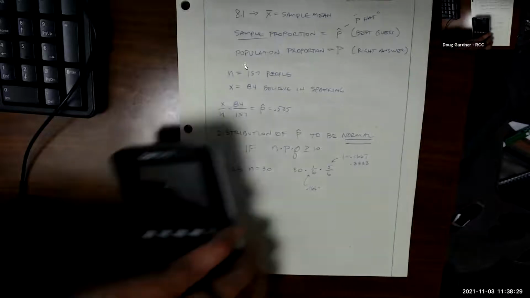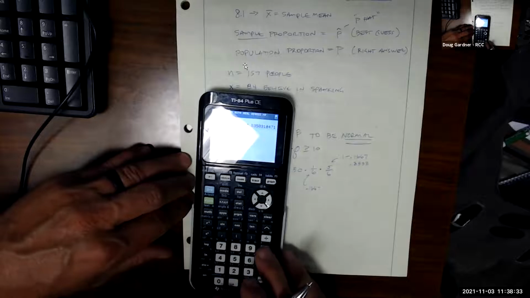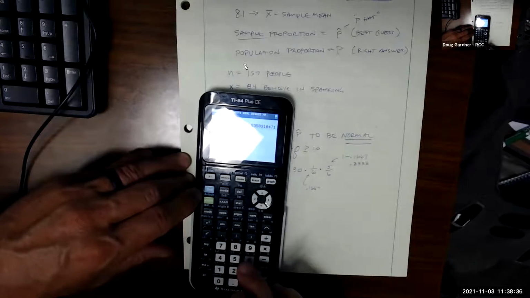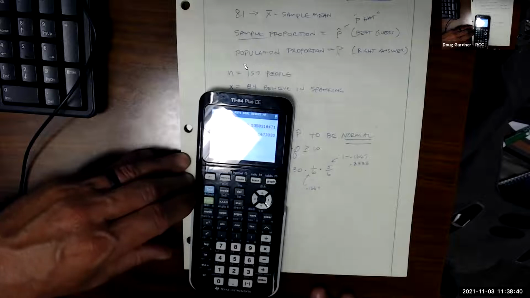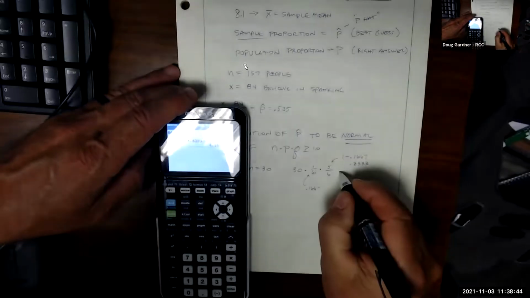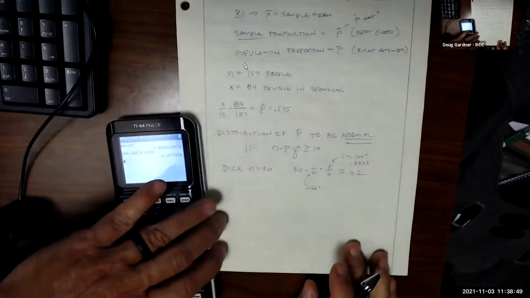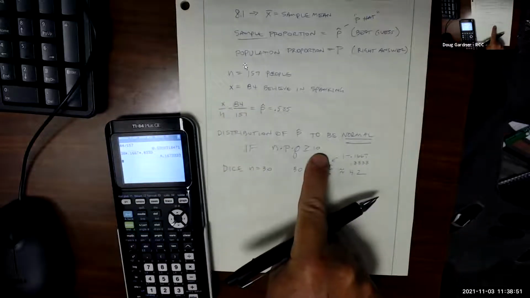I'll type the decimal version of it. What is 30 times 0.1667 times 0.8333? Oh, it's like 4.2. So did that meet the requirement?